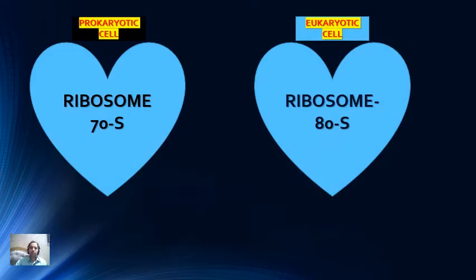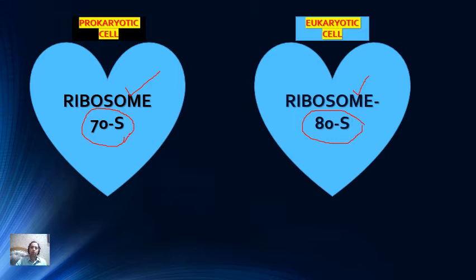The next difference, which is also very important, is the presence of ribosome. In prokaryotic cells, it is 70S ribosome, and in eukaryotic cells, it is 80S. S means Svedberg unit. This is the unit of sedimentation.